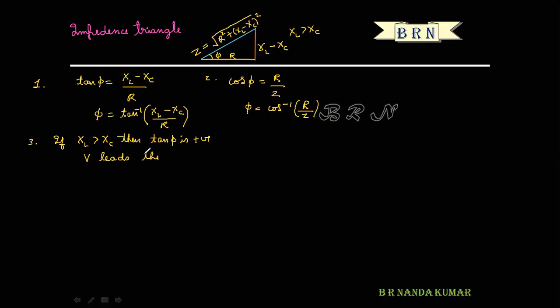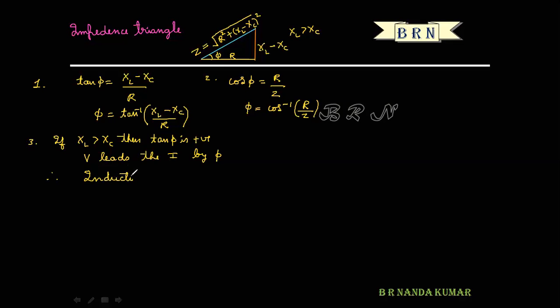Voltage leads the current by angle phi, or the current lags behind the voltage by angle phi. So in this case, the LCR series circuit purely behaves like an inductive circuit.